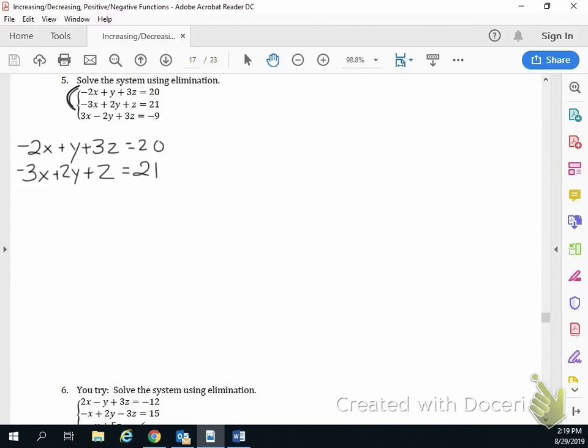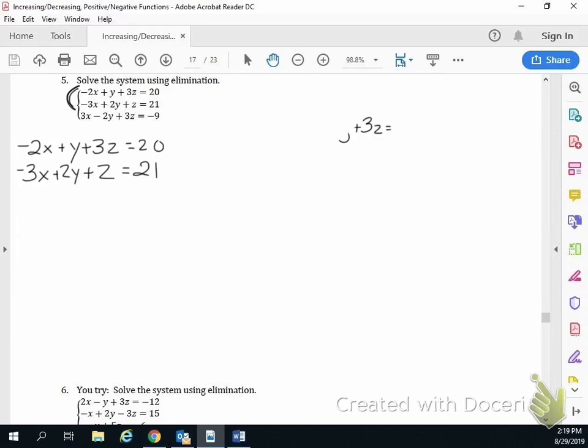And then off to the right of that, I'm going to rewrite the second equation, and then below that I'm going to write the third equation. Oh, messed that up.